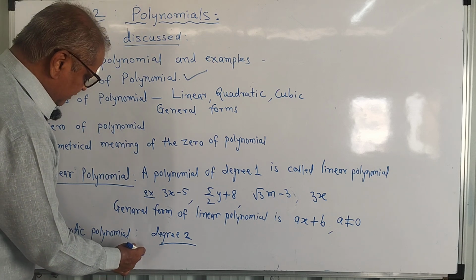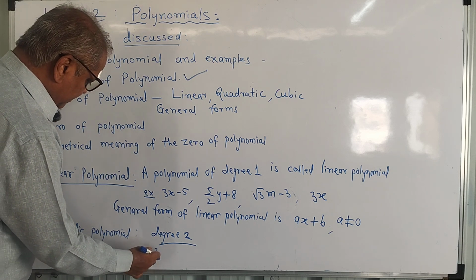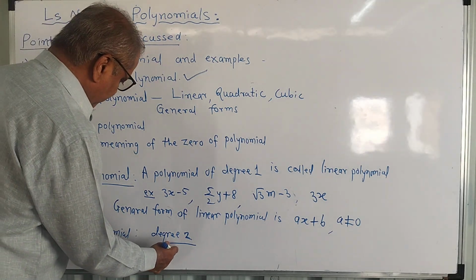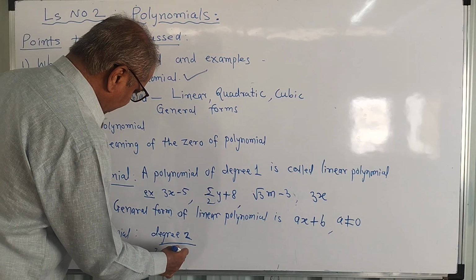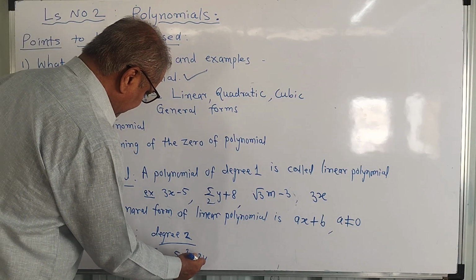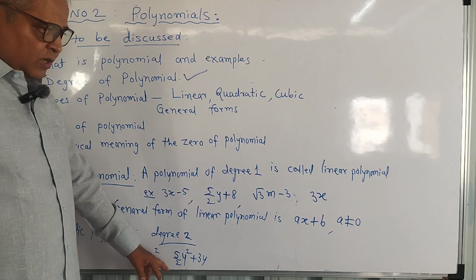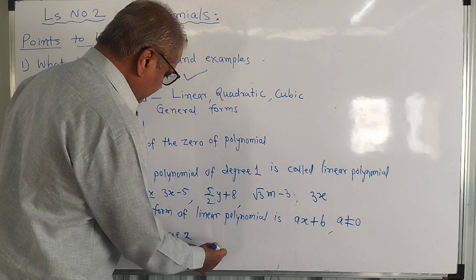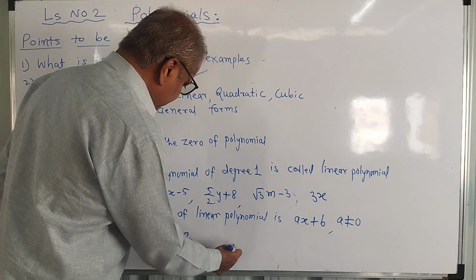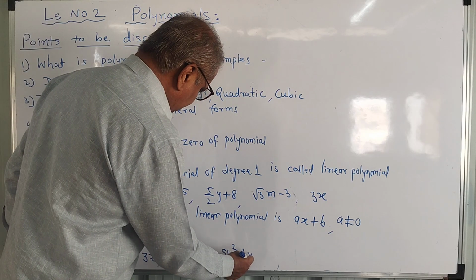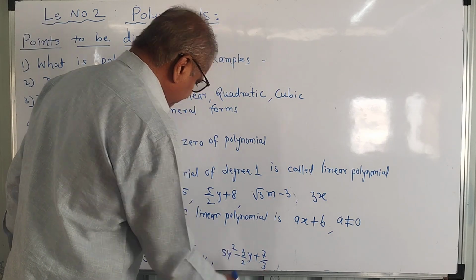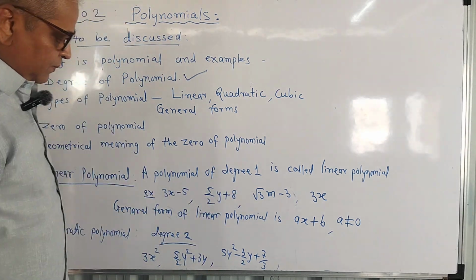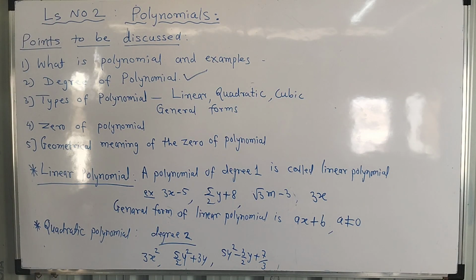Examples we can write: 3x square, it is a monomial but it is a quadratic polynomial. 5 upon 2 y square plus 3y, again here it is a binomial even though it is a quadratic polynomial. 5y square minus 3 upon 2y plus 7 upon 3, again it is a trinomial but the degree of polynomial is 2, therefore it is a quadratic polynomial.